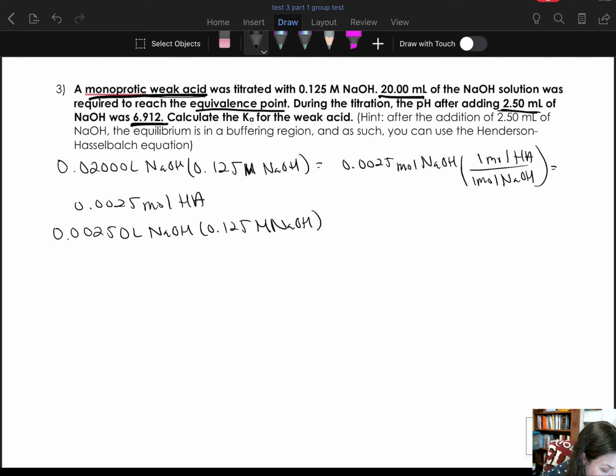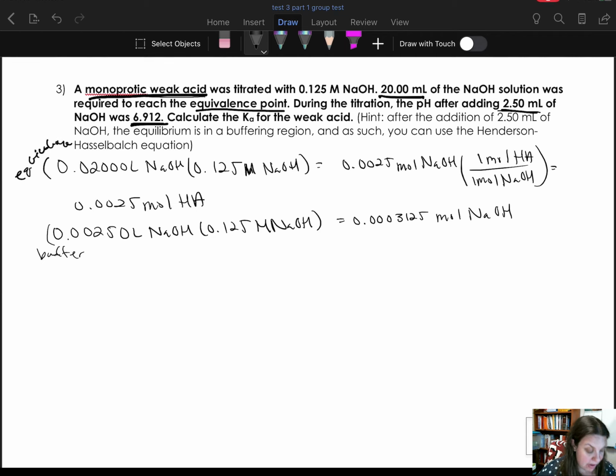We multiply this out, we get 0.0003125 moles of NaOH. Now, this is our buffer. This is equivalence.